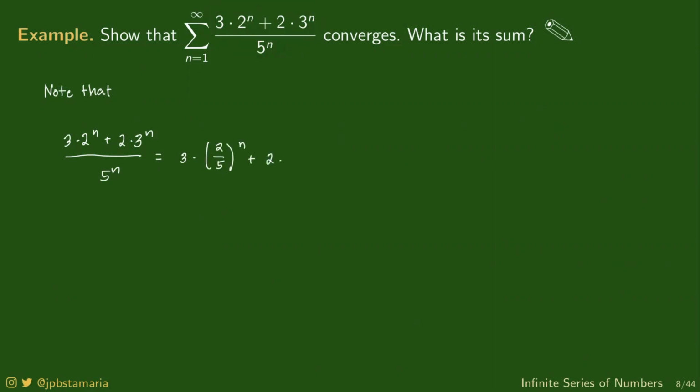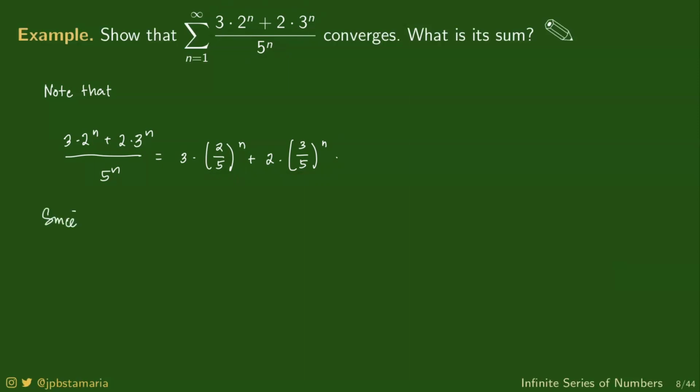Yung 3 to the n over 5 to the n, that is 3/5 to the power of n. So basically, it's a linear combination of two powers. Interestingly, yung mga powers na ito are powers of numbers whose magnitude is less than 1. Yung 2/5 less than 1. Yung 3/5 less than 1. Diba? So what do we know?